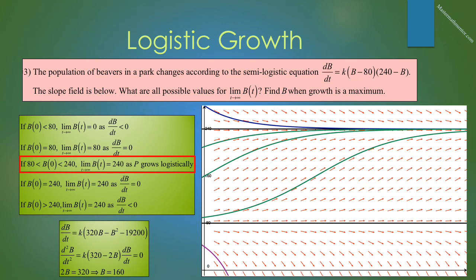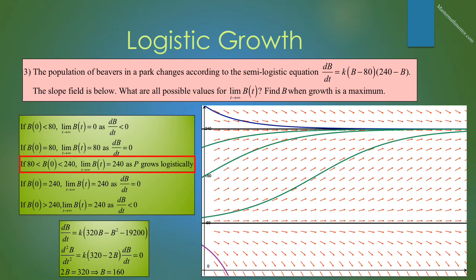So we look at dB/dt in that range, multiply out, and we get k times (320B minus B squared minus 19,200). We want to maximize that, so we take its derivative and we get k(320 minus 2B) equal to 0.